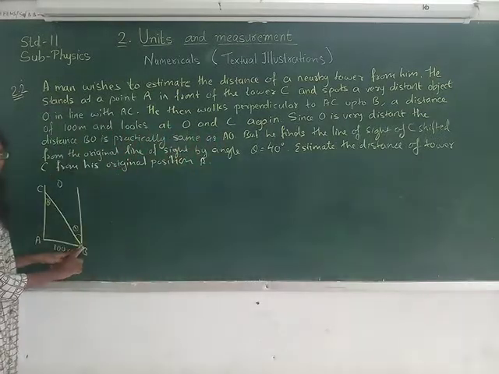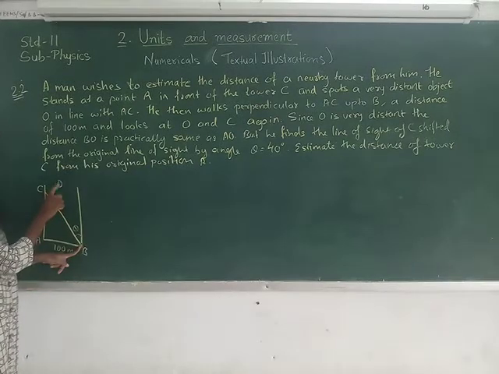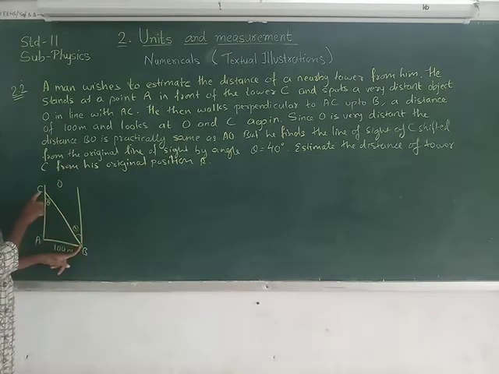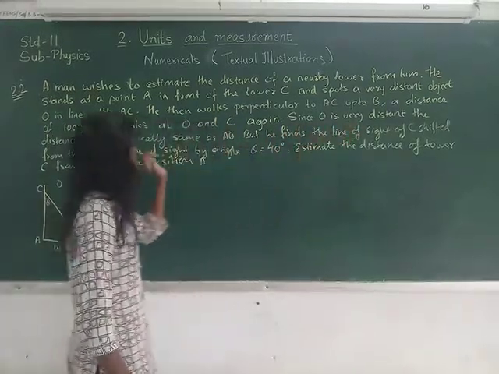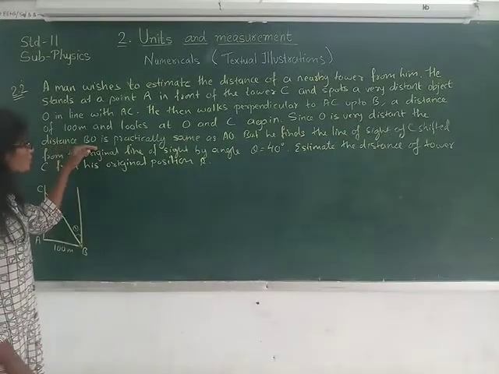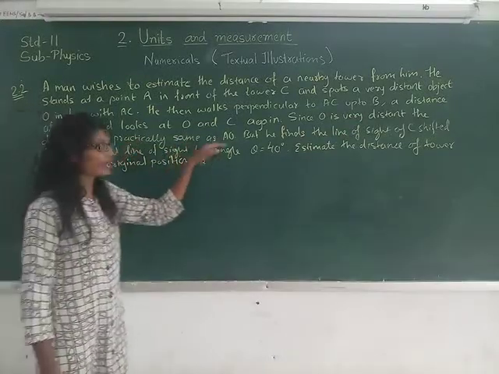After coming at this point, he looks at this object O and looks at this tower C again. Since O is very distant, the distance BO is practically same as AO.